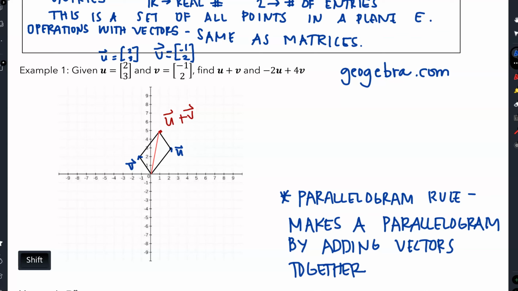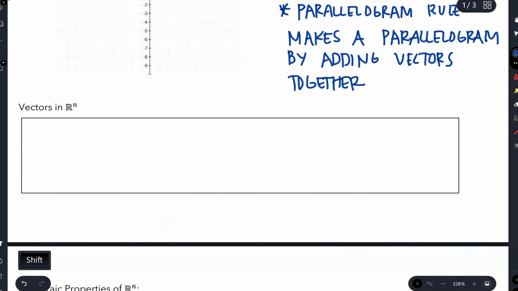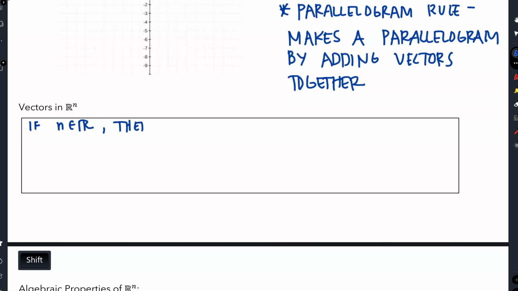Okay. All right, so let's look at vectors in Rn. So n is in the real numbers. Rn is the collection, where we're not going to be in R2 anymore, of all ordered lists, n-tuples.